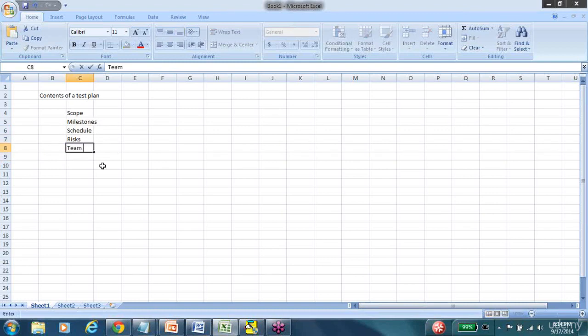Team size. So this is usually called roles and responsibilities. Number of testers, okay, so effort estimation. How many people, how many hours of work are we talking about? Tools, yes. Data, environment.